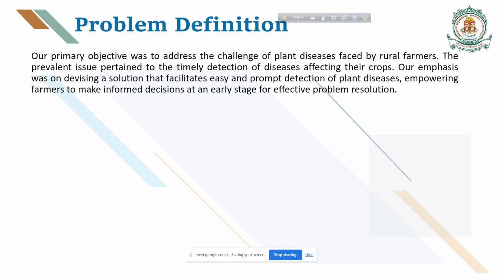If they can detect the diseases from images in a timely manner, they can find the solution and use it immediately, which will help their crop production. Our emphasis was on devising a solution that facilitates easy and prompt detection of plant disease, empowering farmers to make informed decisions at an early stage for an effective solution.